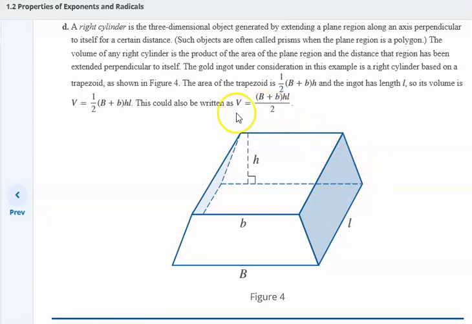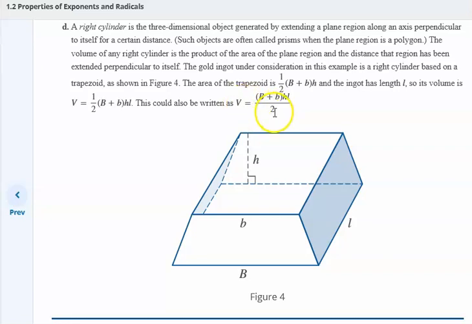And the volume of this could be this formula, where there's the height. You have the area of the top, the area of the bottom, and then the sides, the lengths, and various things. Or it could be written this way if we divide everything by 2 here.